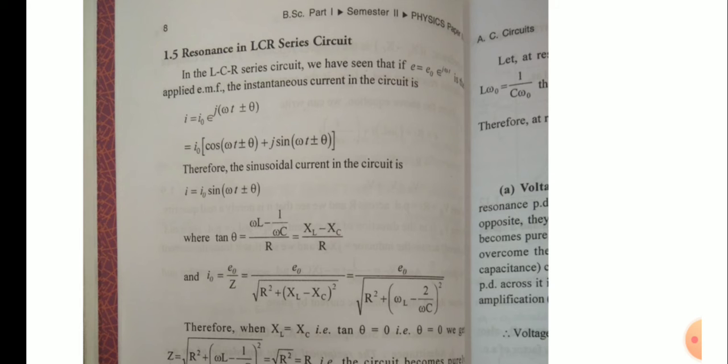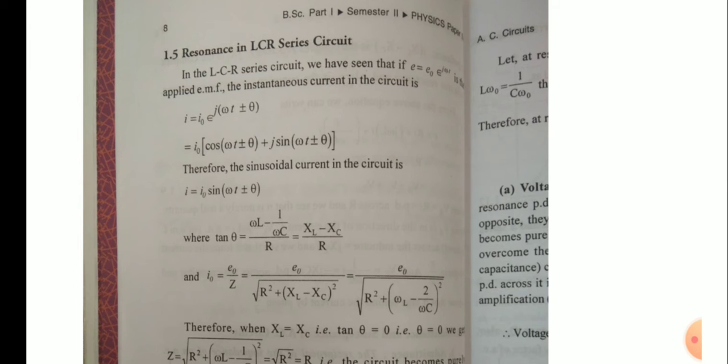If this EMF is applied, the instantaneous current in the circuit is as follows. In the previous lecture we saw the LCR circuit, where E is equal to E0 e to the power j omega t. Then I is equal to I0 e to the power j omega t plus or minus theta.